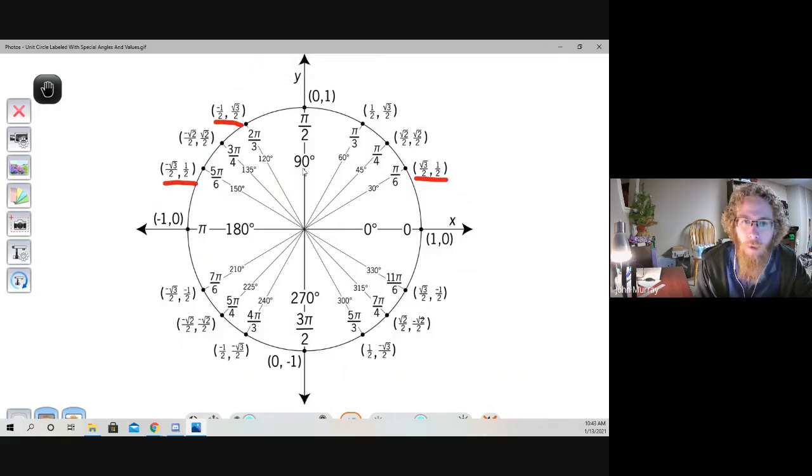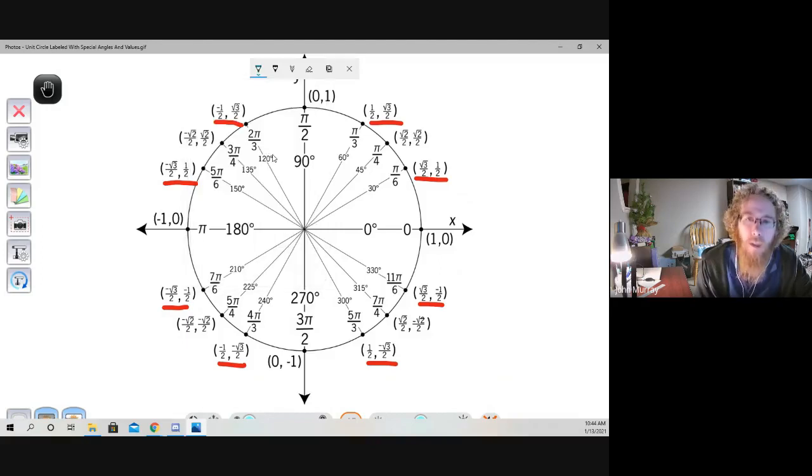Here I have negative √3 over 2, 1/2. Here I have 1/2, √3 over 2. We can see that pattern, a combination of those two, happens for our 30 and 60 degree reference angles. So 30 and 60, 120, 150.